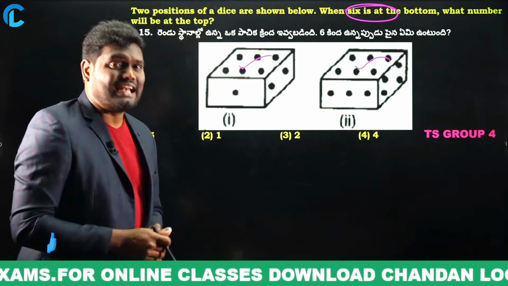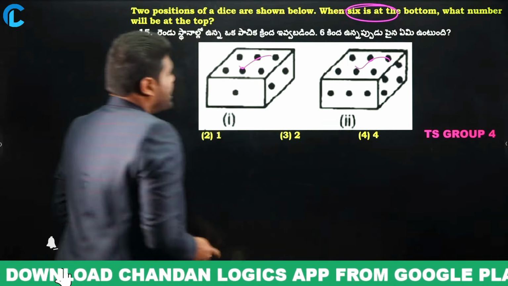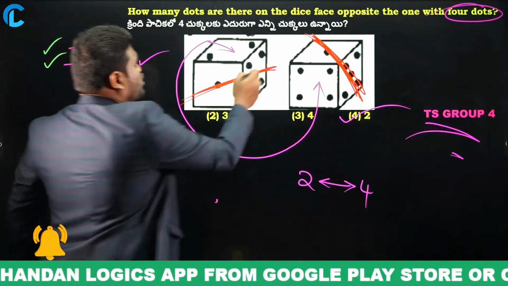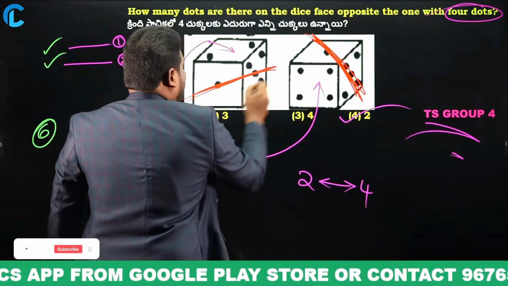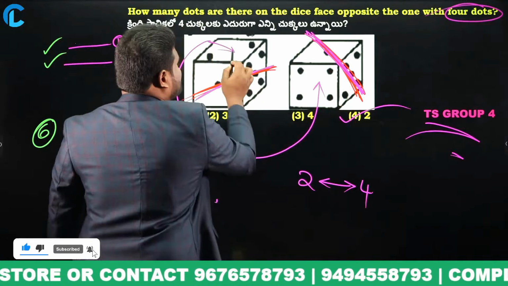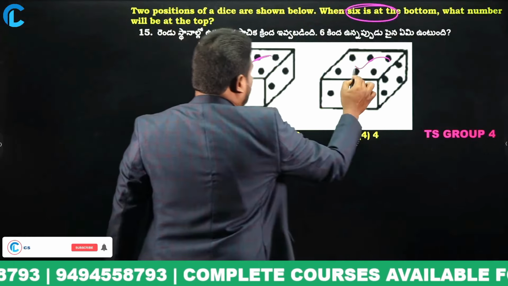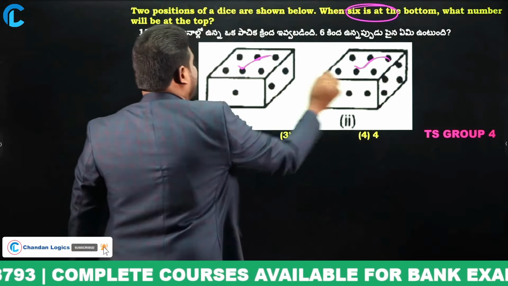So it is very clear that we have only one surface common. If you observe the previous question, we had 2 surfaces common, and whenever you have 2 elements common, the remaining elements are opposite. But here we have only 1 element common. Here I have 6 common, here I have 6 common.